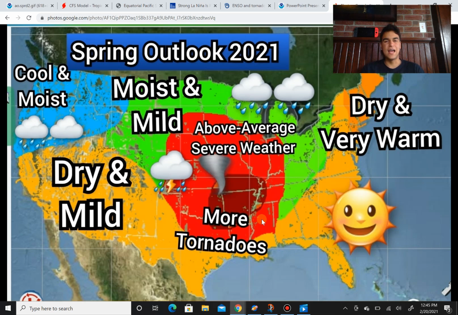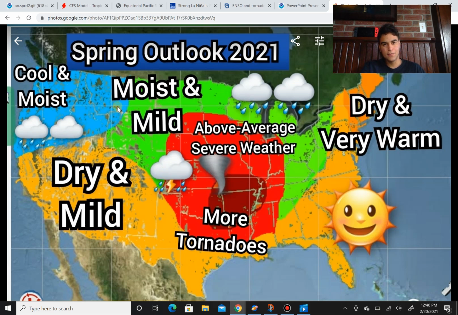like I said in my last video, I thought it had the chance to be just a crazy severe weather threat year. But for this one, I'm just expecting an above average severe weather threat year, but I don't expect it to be record breaking necessarily, because there's going to be a positive Arctic oscillation. So I don't think there's going to be as much jet stream dips.